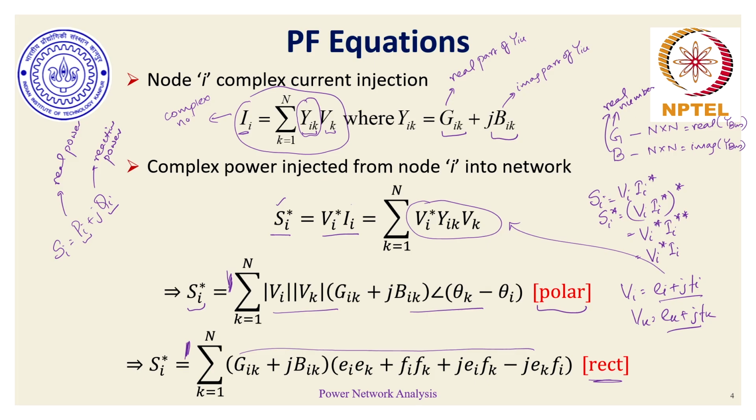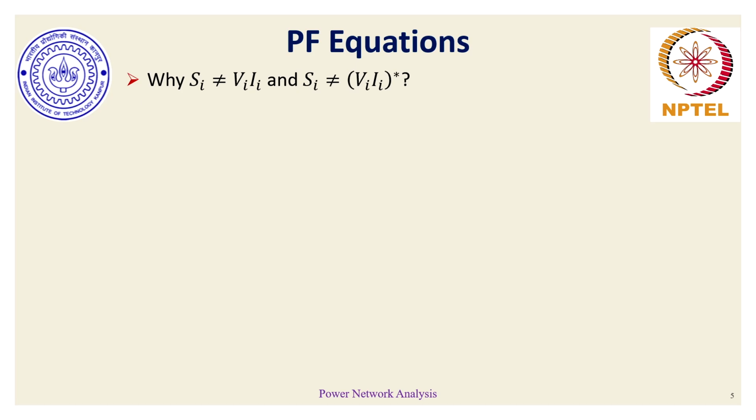Before we do that, I had briefly discussed why Si should be equal to Vi times I conjugate. Why not any other combination, like only Vi times I, or V times I whole conjugate, or V conjugate times I? The answer lies in the discussion in this slide: why Si is not a simple product or an entire conjugate of a product.